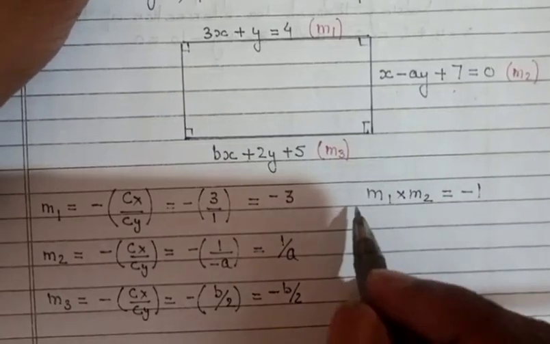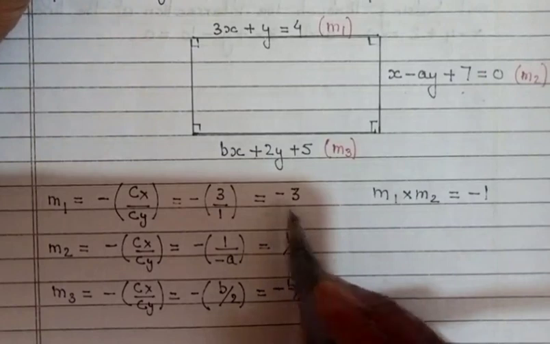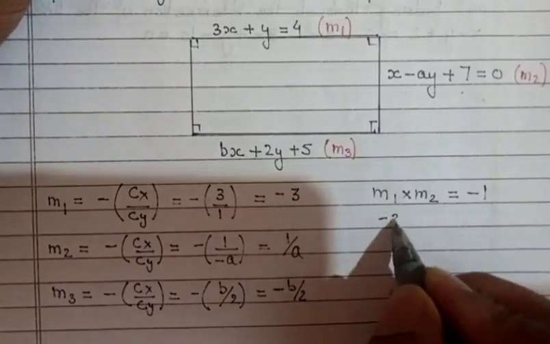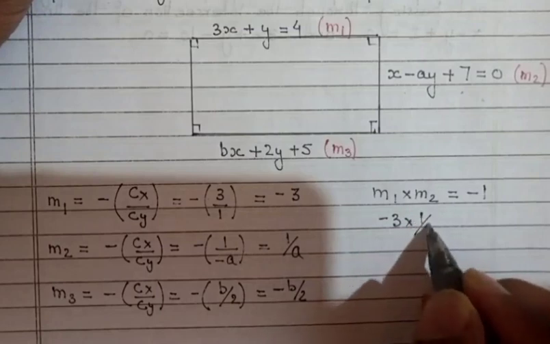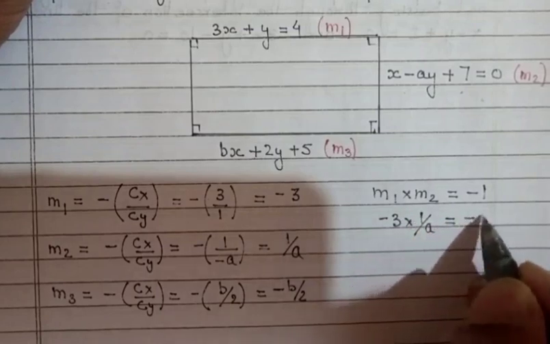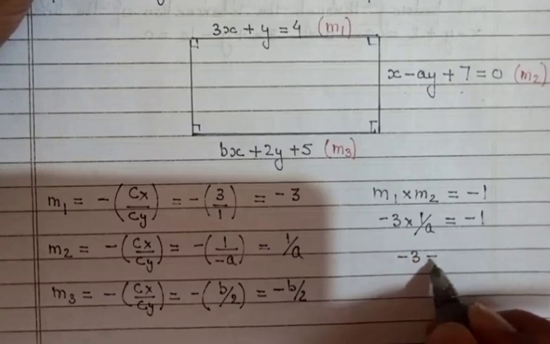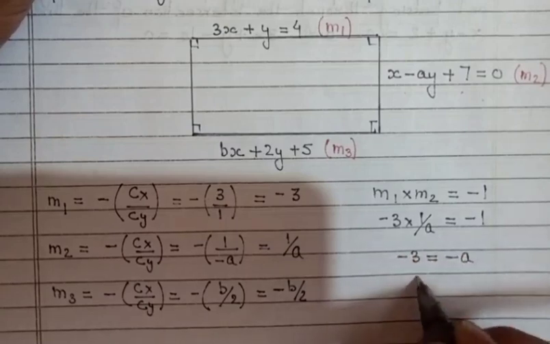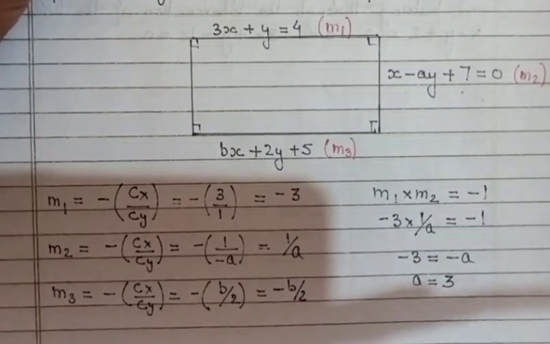In this relation, let us substitute the values over here. m1 is minus 3, m2 is 1 by a. So when you simplify it, you are getting minus 3 is equal to minus a. So the value of a you are getting as plus 3.